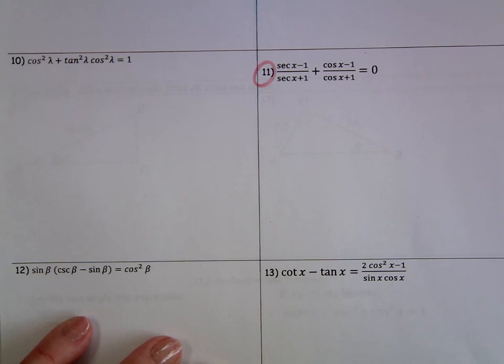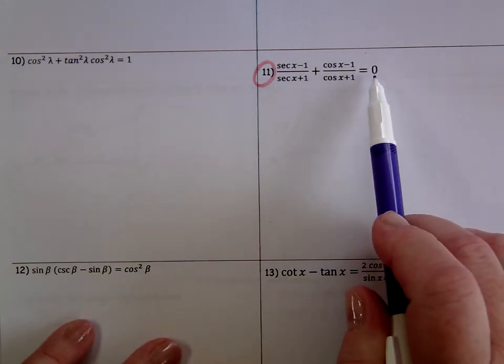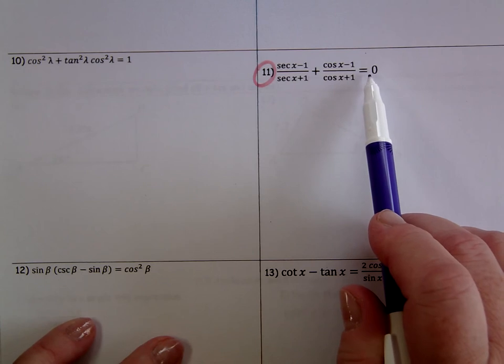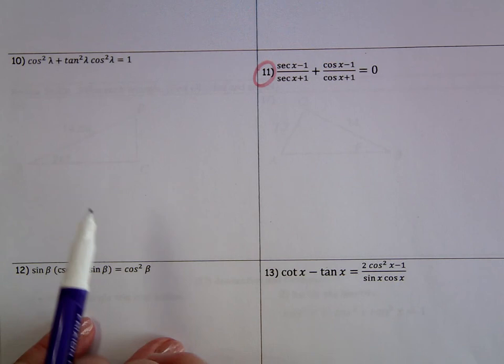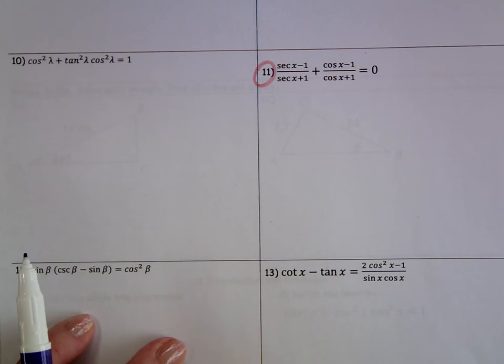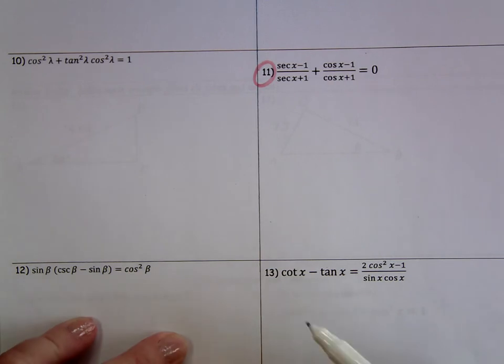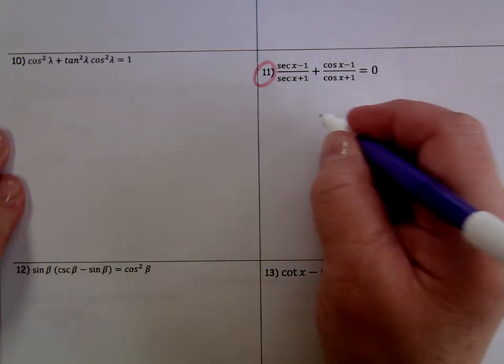Just because I'm taking you on one road doesn't mean it's the only road, but in the end, you should get the same verifying answer for your problem. So you may take a different road, and you may be perfectly correct, and that's okay. There are lots of different avenues with these, which makes them kind of hard, because there's not just one distinct way to do the problems.